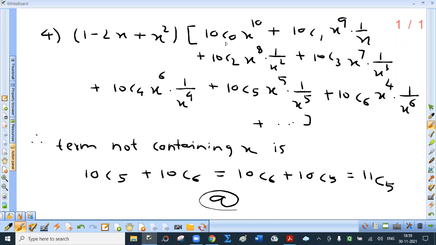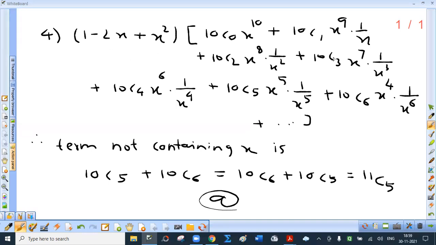We begin with 10C0 x^10. Actually, only 2 or 3 terms are important, but it is not that easy to guess those without expanding. See, I have stopped after this because in that case the denominator's power increases by 2, so x^4 and so on. So these many terms.